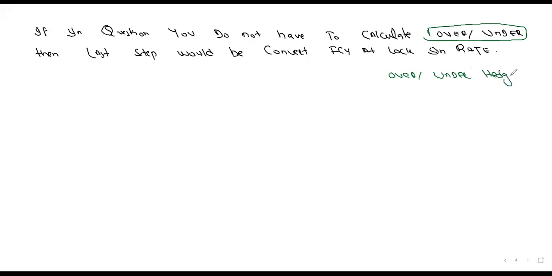This over or under hedge, you always find in the foreign currency. How many contracts have we taken? 193. In one contract, we are hedging 500,000 CHF. The lock-in rate we computed is 0.2374 dollar over CHF.